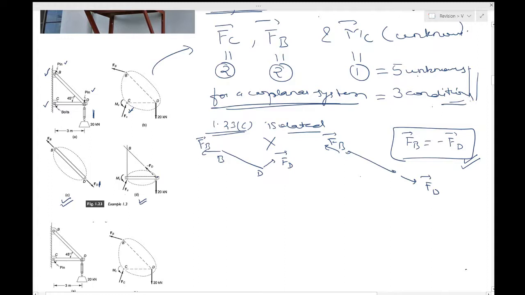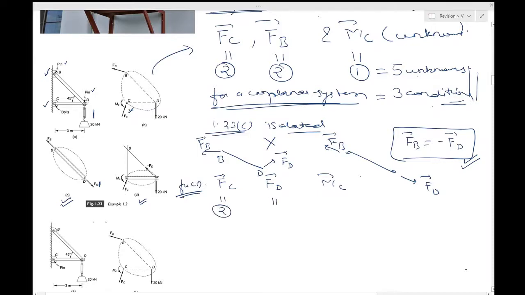Okay, so the direction of FC still is unknown. We know that it's in the plane, but it can be anywhere. And then the magnitudes of MC and FD. So what are the unknowns? You have FC, you have FD, and you have MC for CD. FC can have two unknowns.